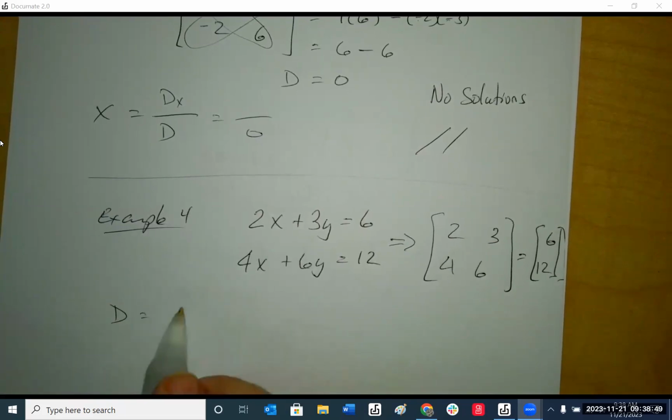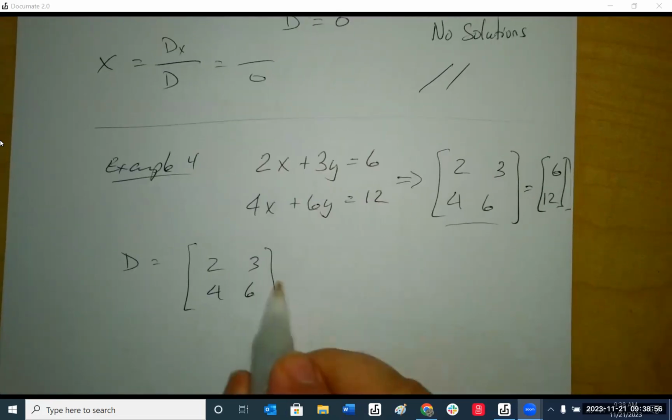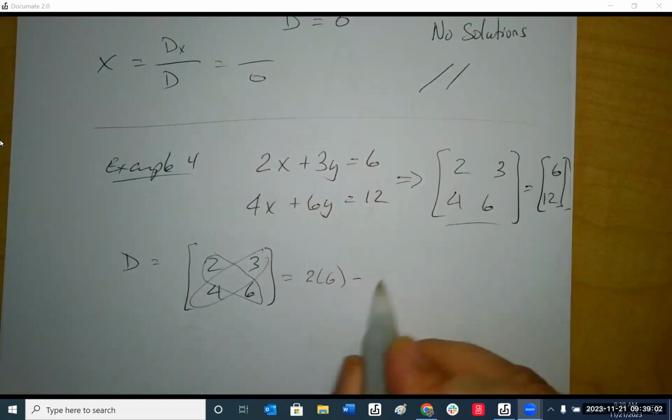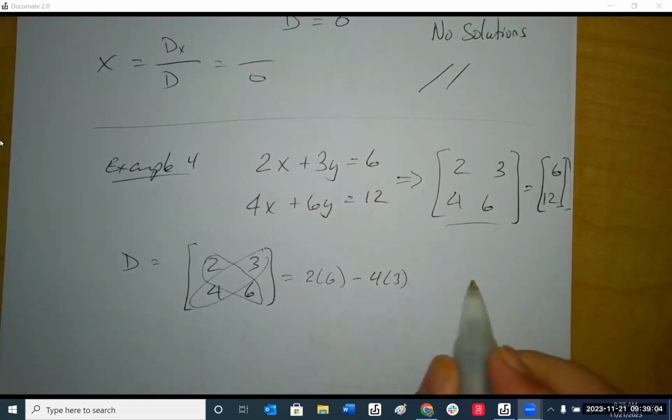So D is 2, 3, 4, 6. It's this one. 2 times 6 minus 4 times 3.